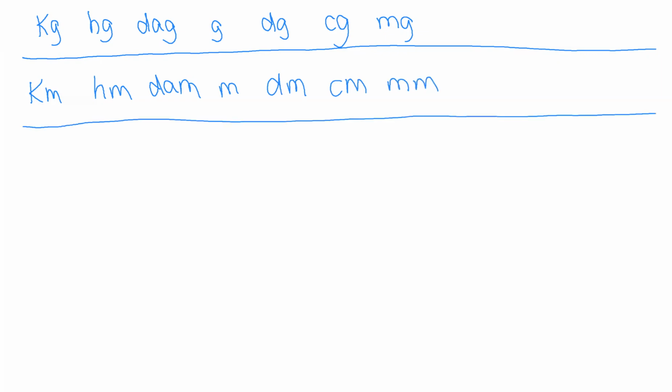And then the same thing with liters, a kiloliter, hecto, deca, a single liter, deci, centi, and milli. A lot of us are familiar with milligrams, millimeters, and milliliters. We see those quite a bit, especially milligrams and milliliters. A lot of medicines are milligrams and milliliters. Okay, so that right there is the basic metric system that we're going to deal with.